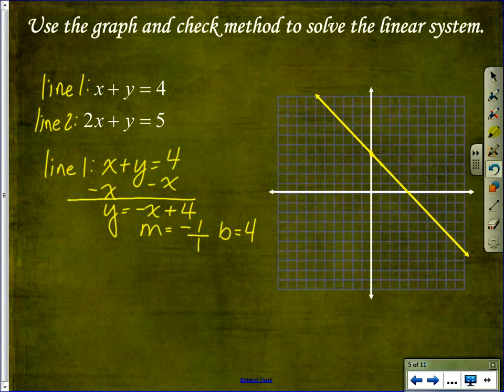So is line 2 ready to go? And then you go up 1, over 1. No, up 1, back 1, or down 1, forward 1. So line 2, can you see the green back there? Line 2 is 2x plus y equals 5. So what do I need to do?